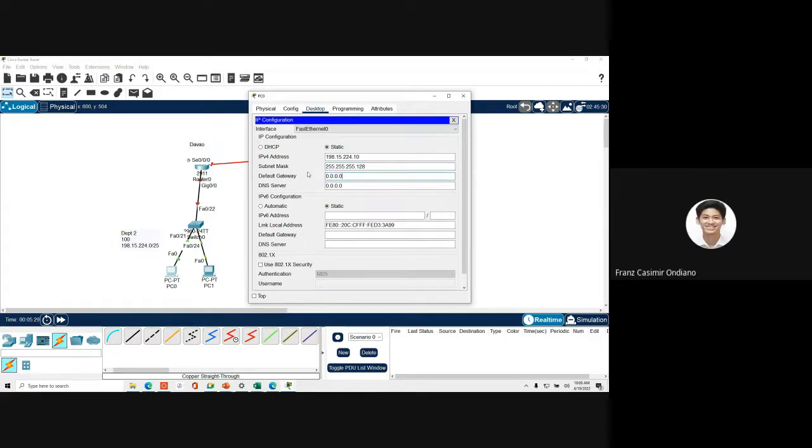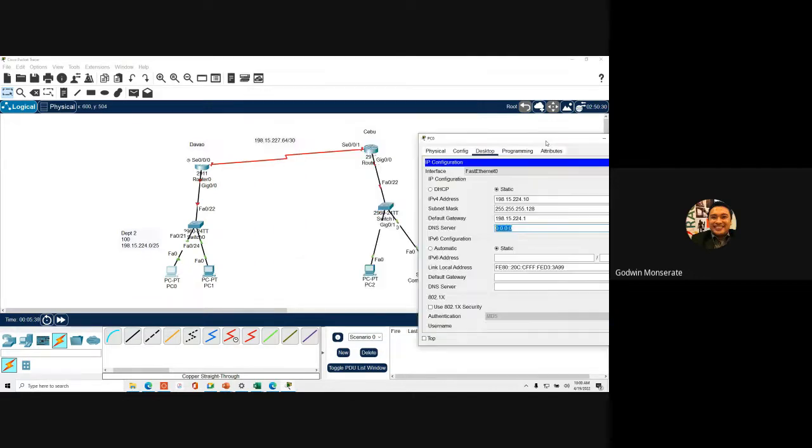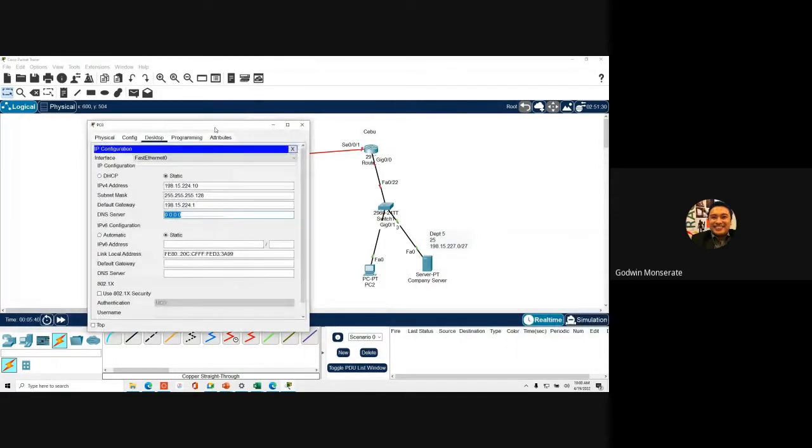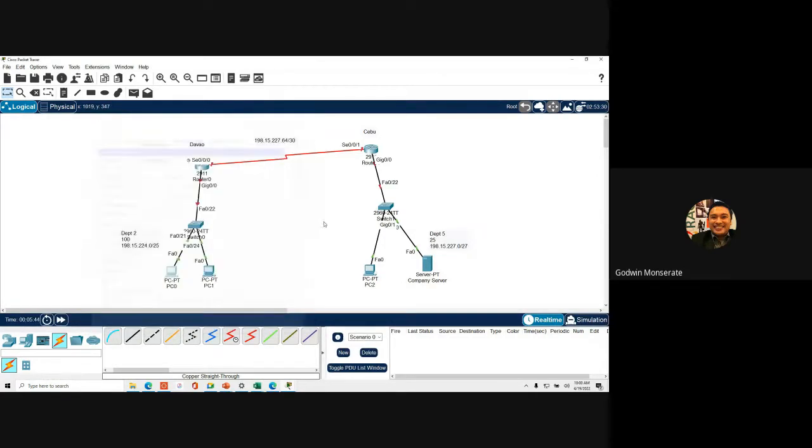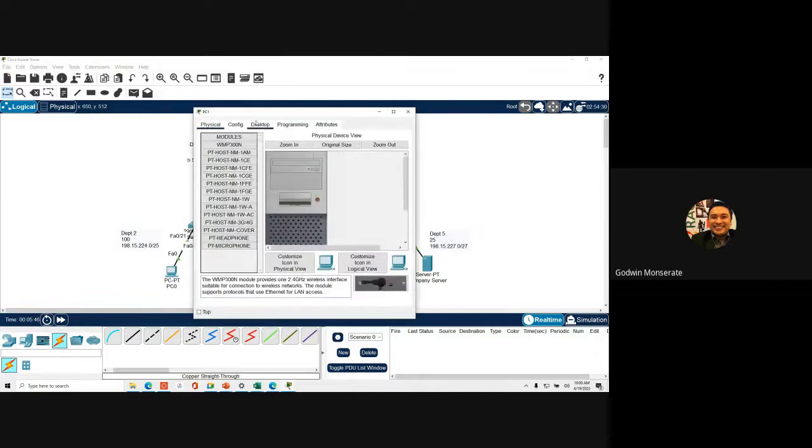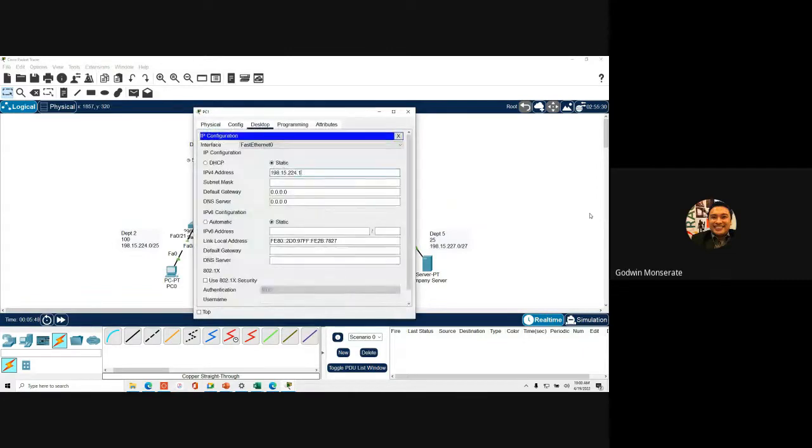Yes, sir. The gateway will be .1. And the DNS server, we will point it to the company server. I'll put that in later. This one will also have the same information, but this is .128.